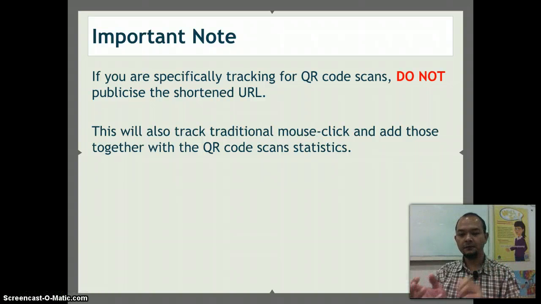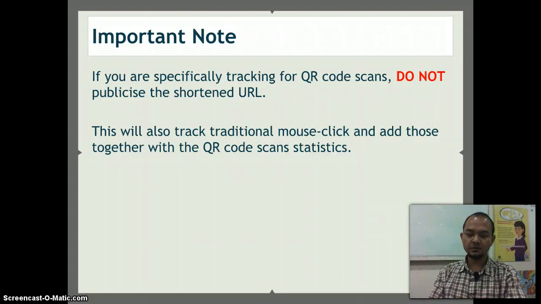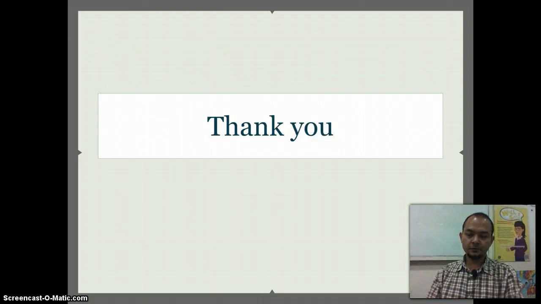So you won't have a unique number or unique stats only for your QR code scans. So do remember, if you want to track only QR code scans, do not share the URL with other folks.